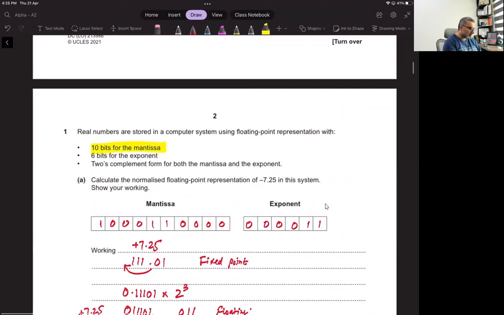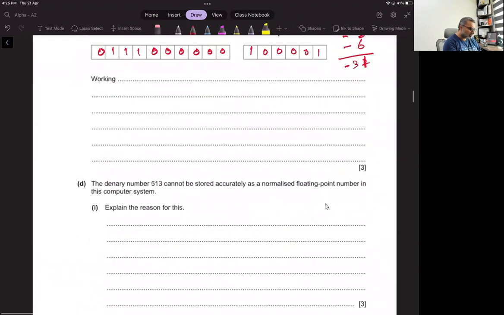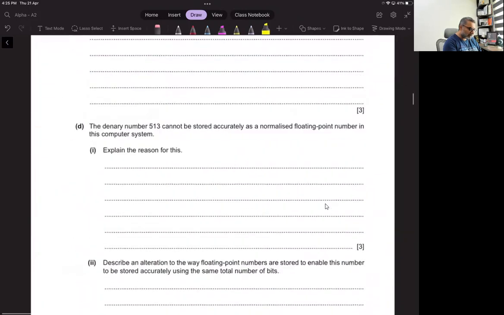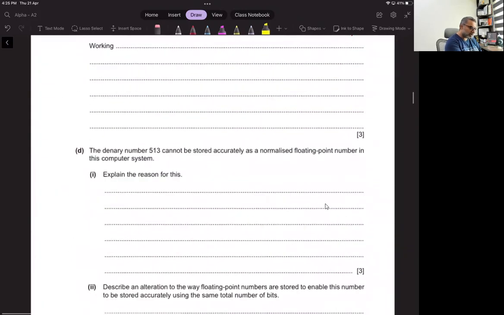For 513, we need, I think, 11 bits. All right, how do we know that for 513 we need 11 bits? So check it out. 1, 2, 4, 8, 16, 32, 64, 128, 256, 512.